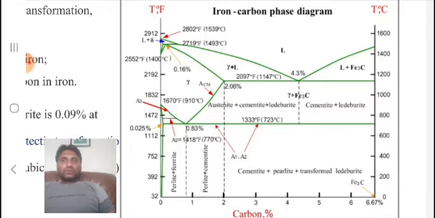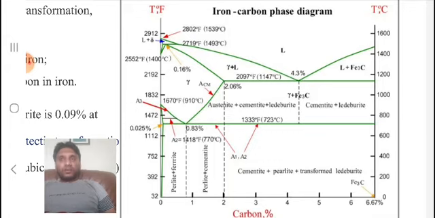So we discussed that the mechanical properties depend upon two factors. One is the grain size, and the other is the phases present in the grains. With the same grain size, we can change the percentage of the phases present in the grains, and so change the mechanical properties.